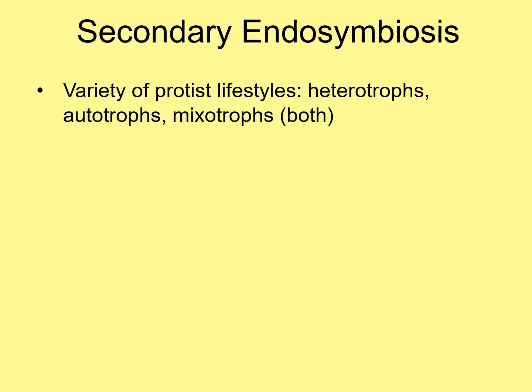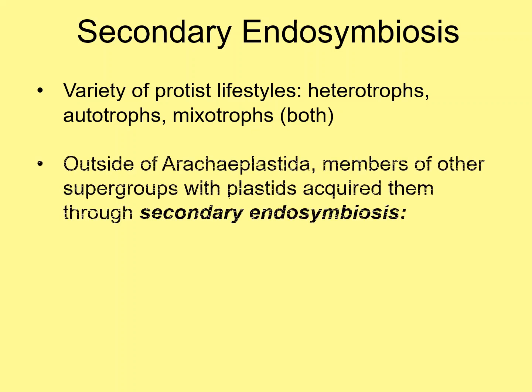And this helps explain how you can end up with organisms that are not very closely related at all to plants, but that have plastids inside them. So they have either ingested a green algae or a red algae, and then you have the same process, right?